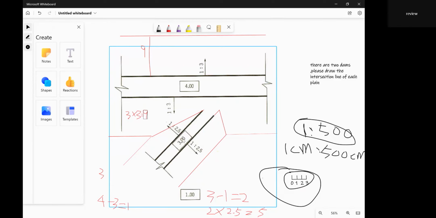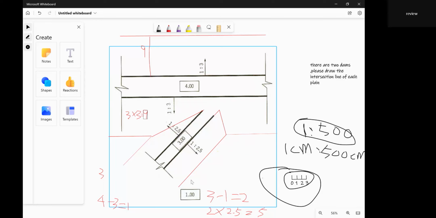You can see the top of this small dam is at elevation 3, and the slope is 1 to 2.5, and this one is the same. The elevation of the ground is 1.